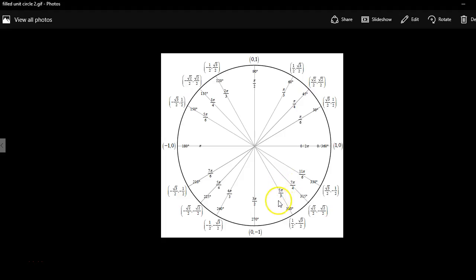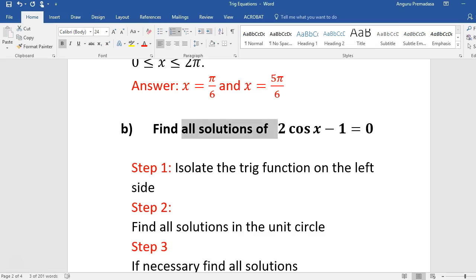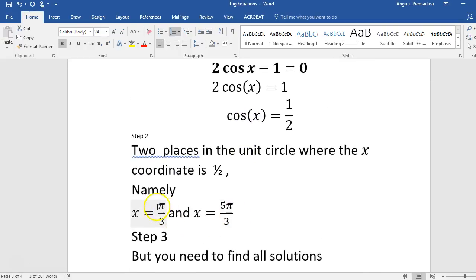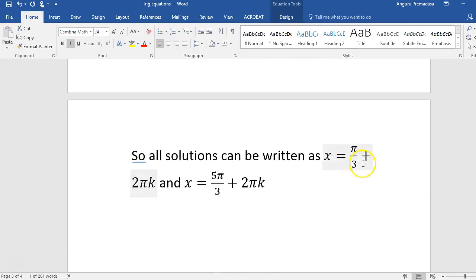So it can be pi over 3, or pi over 3 plus 2 pi after one revolution, pi over 3 plus 4 pi after 2 revolutions, and if you go 3 revolutions, you get pi over 3 plus 6 pi. Again, you can write the other as 5 pi over 3 plus a multiple of 2 pi. For each revolution, you get a 2 pi. So in general, the two angles can be written as the original angles, pi over 3 and 5 pi over 3, plus 2 pi times k.